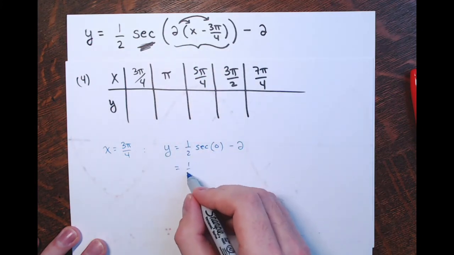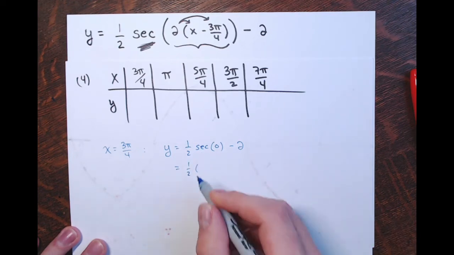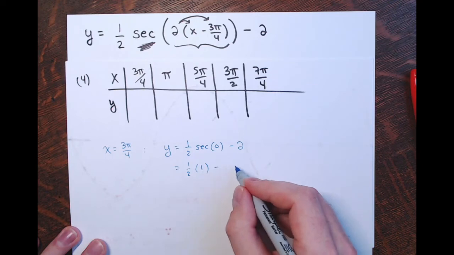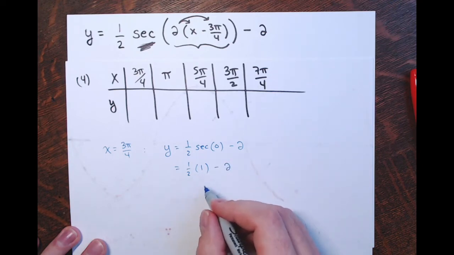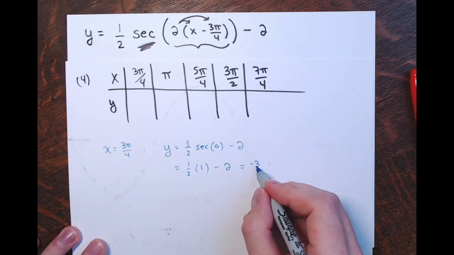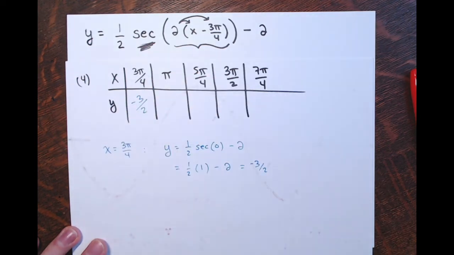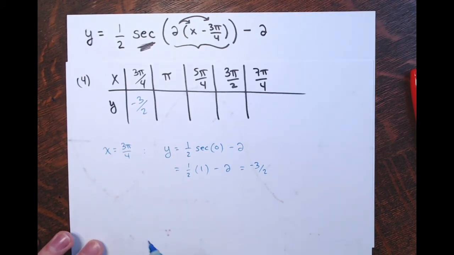Now the secant of 0, remember the cosine of 0 is 1, so the secant of 0 is also 1. So I get half of 1 minus 2, that's a half minus 4 halves, that's negative 3 halves. So input 3 pi over 4, output negative 3 halves.